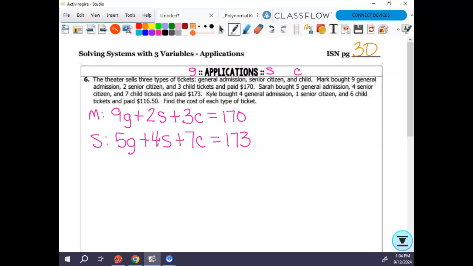Yes? All right, and then Kyle bought 4 general admission, 1 senior citizen, so I can really just put S and not 1S, but you could do either way, plus 6 child equals $116.50.